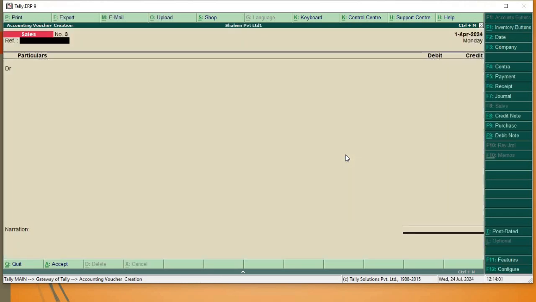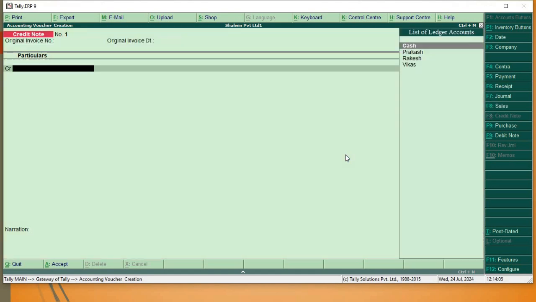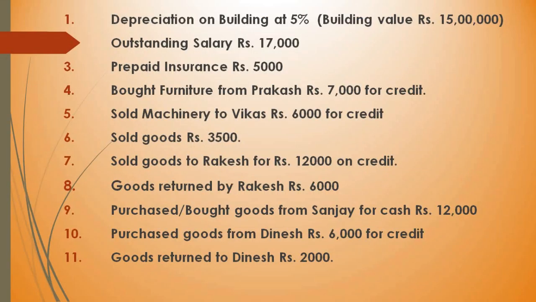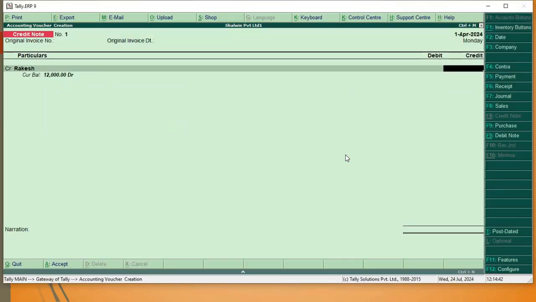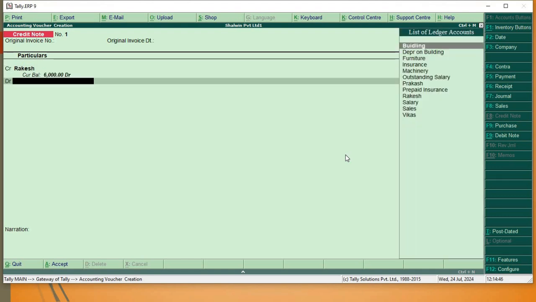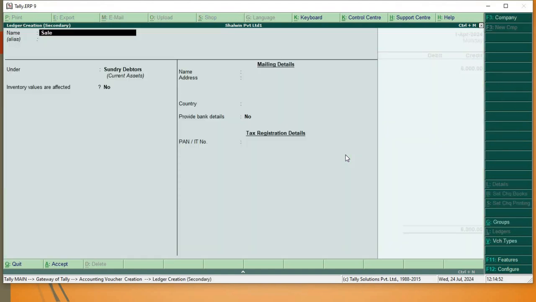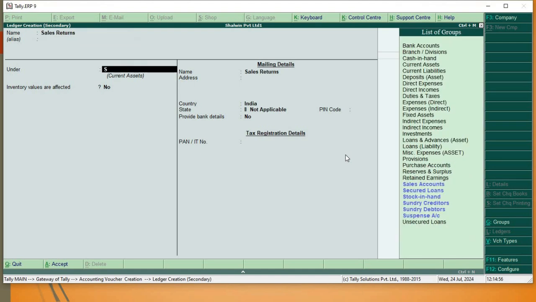So now I'm using Control F8. Credit note, so credit side we have Rakesh, amount of transaction is 6,000, and debit side we have sales returns, under sales account.